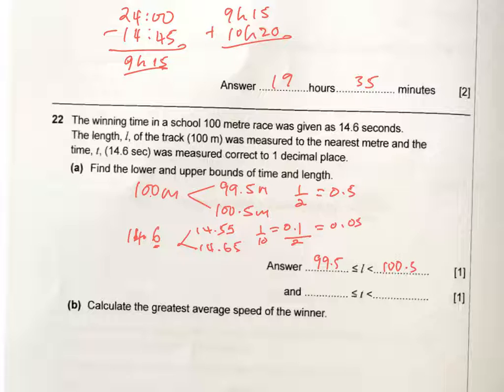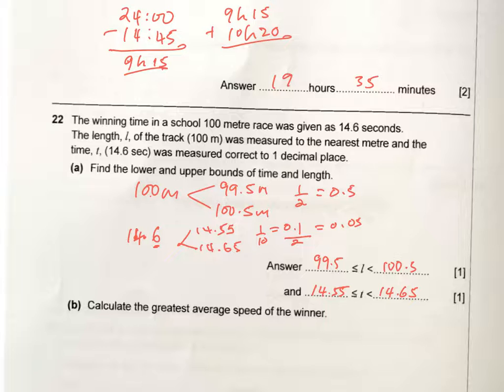Or you can just see, remember when you are looking for the lower bound, you want to get what the number was before rounded, and we only round when the number is 5 or more. That means what was this number before rounded? It was a 5. Which number can round 5 to 6? It is from 5, so it's 5 5, and then for the other one you just add that 5 at the end. Okay, then here you write 14.55, and here you write 14.65.